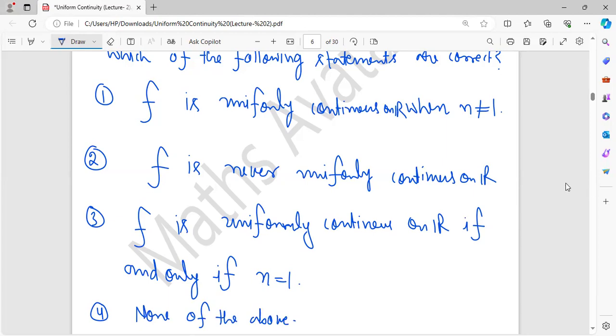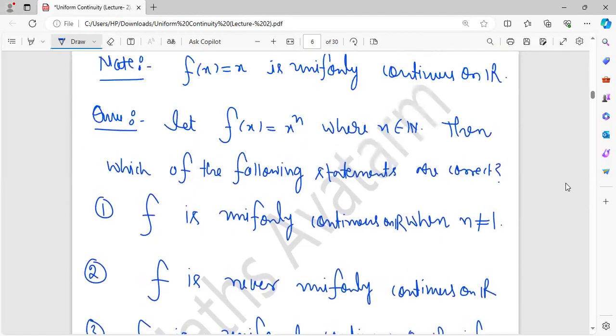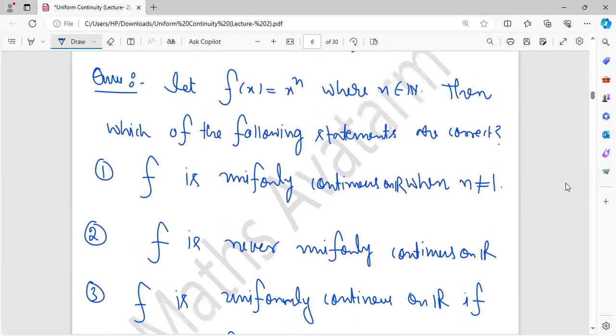Okay. So we have this question. f(x) equal to x to the power n, where n belongs to the natural numbers. Then which of the following statements are correct? First option is f is uniformly continuous on R when n is not equal to 1. We already proved that when n is not equal to 1, f(x) equal to x square and f(x) equal to x cube are not uniformly continuous.